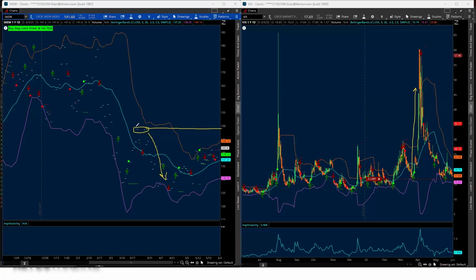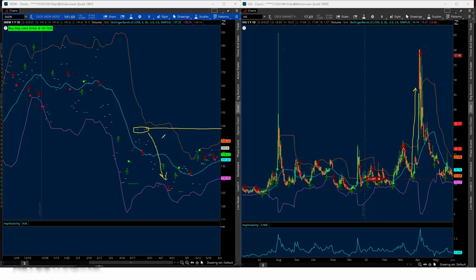So hedges are getting put on as the skew index is rising. Why? Because there's demand for put protection. And as that demand is fulfilled and there's significant out of the money put buying occurring amongst portfolio managers, hedge fund managers, and so on, the skew index rises.